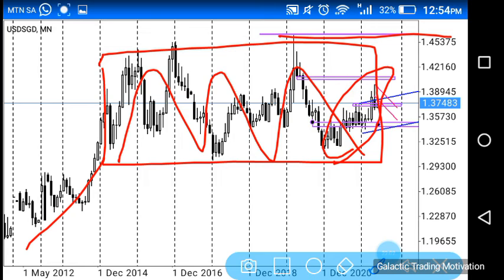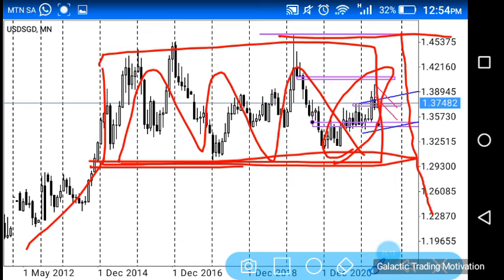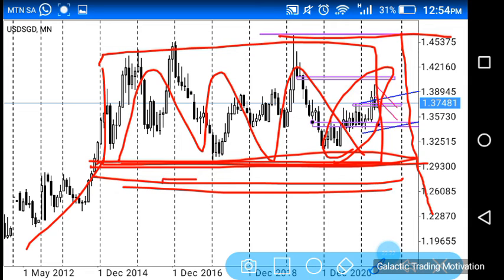So it may be that price is going up here to grab the liquidity there, and once that liquidity has been grabbed, we might see price coming back down to the bottom, because we have a whole lot of stop losses at this, or rather below this region, and that is because a whole lot of buyers were buying at this level and putting their stop losses just below this level.